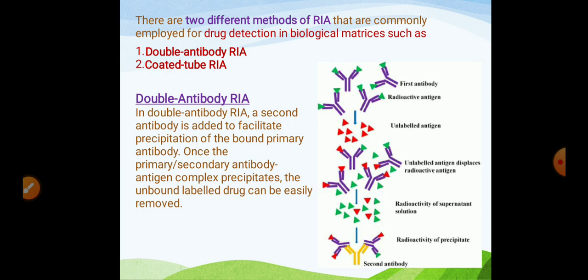The radioactive antigens will be displaced. Then the radioactivity of the supernatant solution will be removed, and the radioactivity of the precipitate means it will form a secondary antibody.